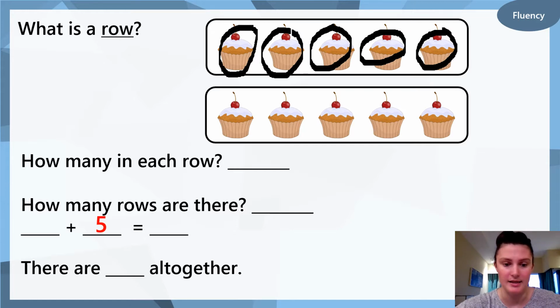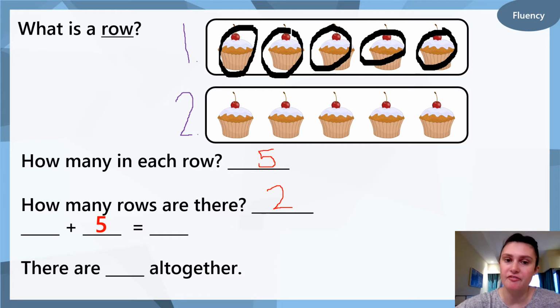See if I can do my neat writing. Okay. Now, next we have to see how many rows are there? Well, let's have a look. We have one row here, and we have a second row here. So how many rows? 2.